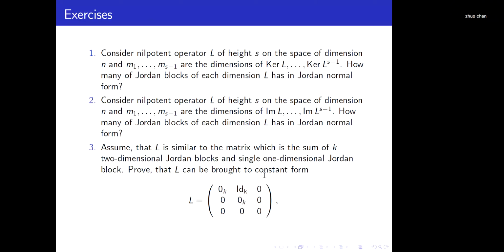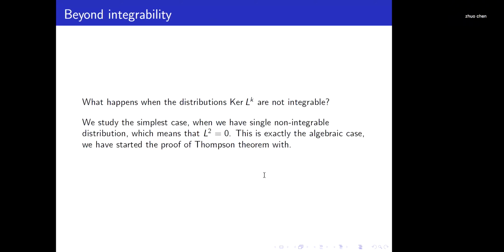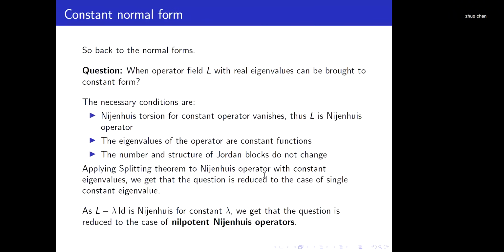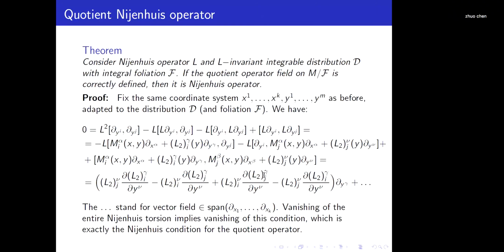Previously, you had a theorem stating that on the quotient manifold, some kind of L will become Nijenhuis. I was curious, is it also an if and only if?